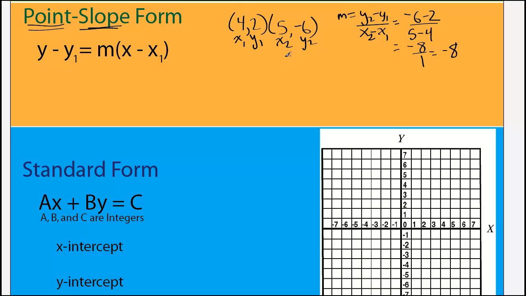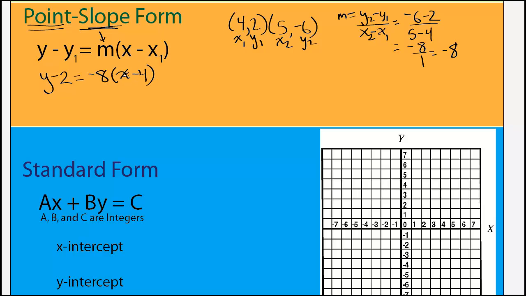Now we are going to come here. We have our point, which is this y sub 1 and x sub 1. We have our slope, which is m. And this is, again, our general x and y, so we're just going to leave those as x and y. So we have y minus our y sub 1 equals our slope, negative 8, times x minus 4.